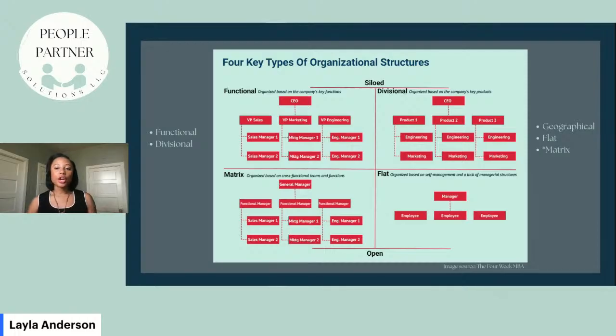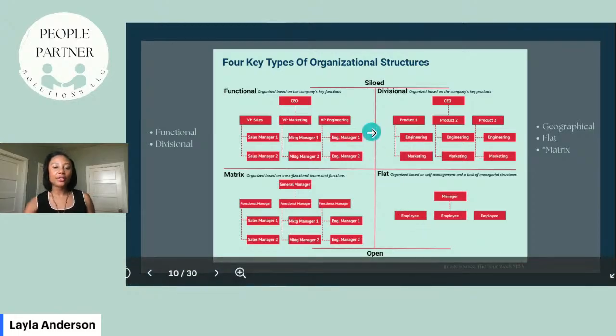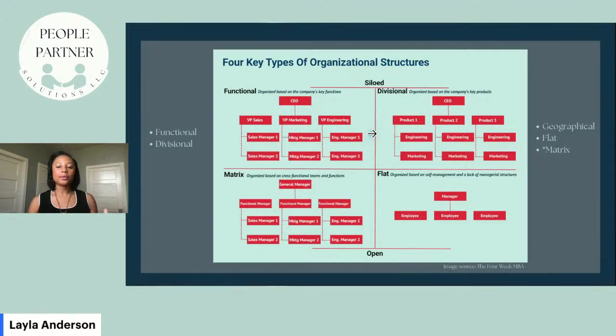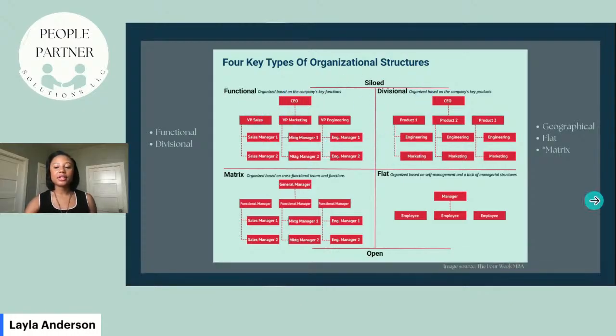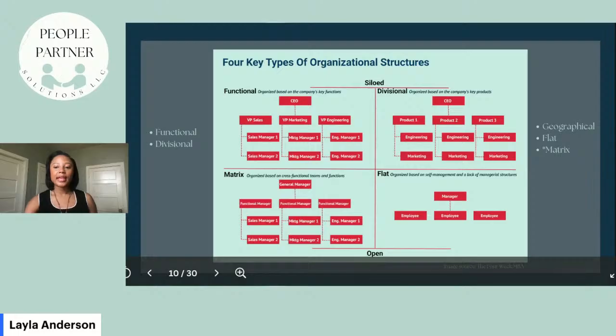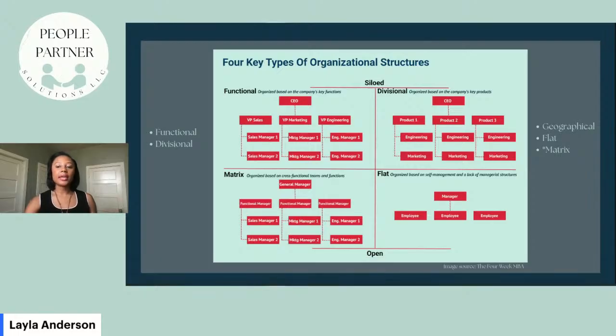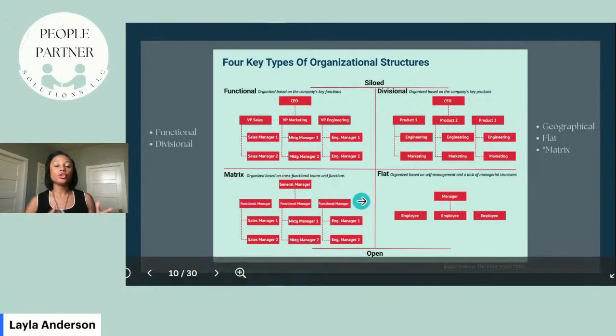And on this chart, you can see that they're organized by which are more siloed, meaning more isolated from each other, or more open, which means people are allowed to access one another. At the top, we have the more siloed organizations, the functional and divisional structures. And at the bottom are the more free flowing, which are the matrix and the flat.